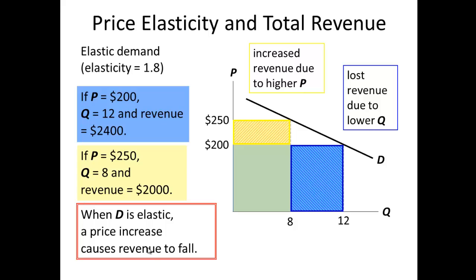There could be any number of reasons why this would be the case. But what you need to remember is that when demand is elastic, you would expect the quantity effect to take effect. That means that as you increase your price, the lost revenue due to quantity is larger, and so you're going to see a decrease in revenue.